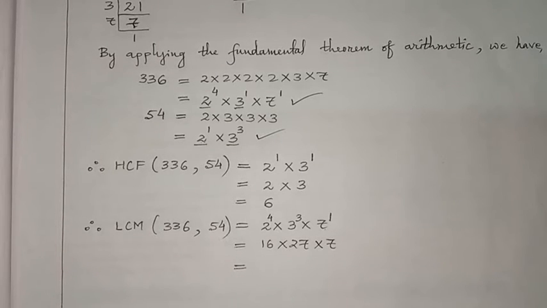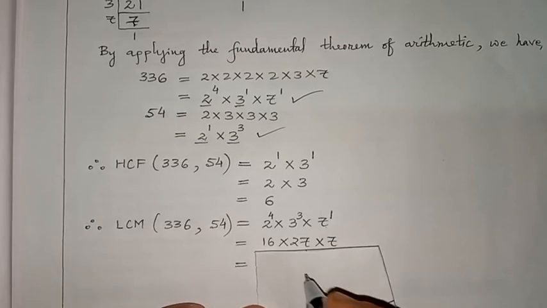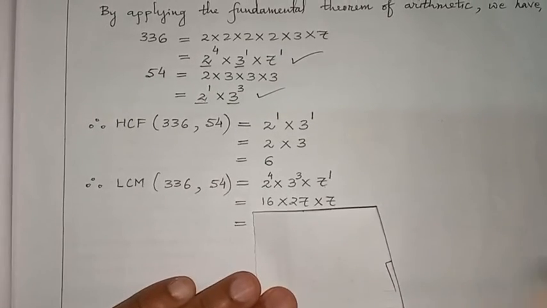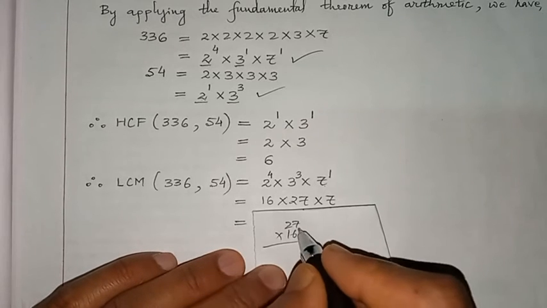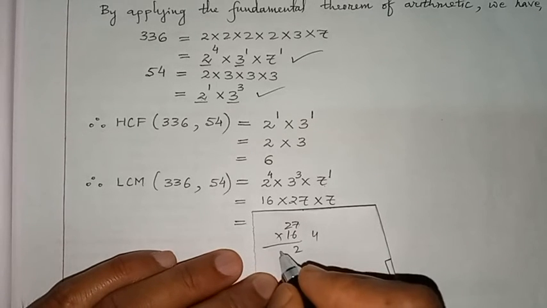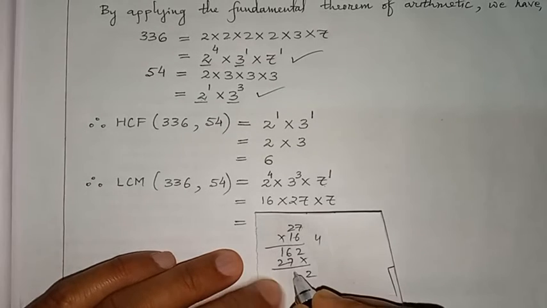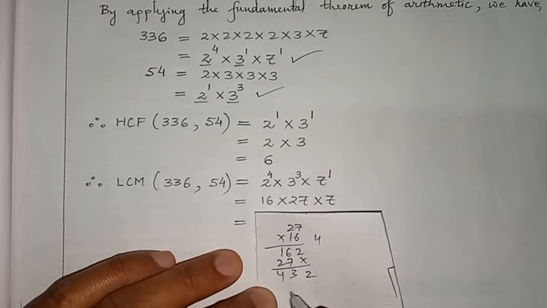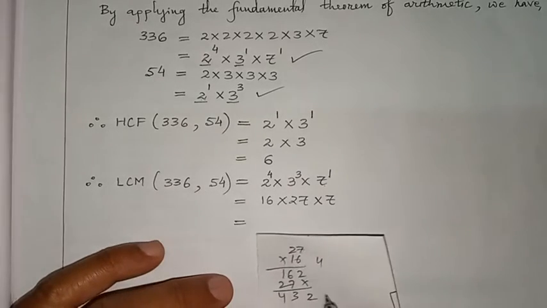So let's multiply them now. First multiply 27 and 16. That gives us 432, and then we'll multiply by 7.